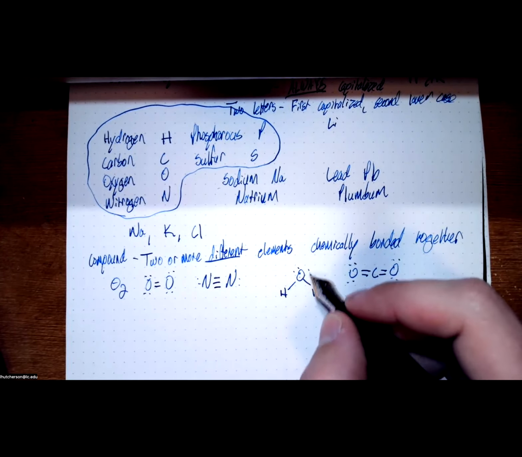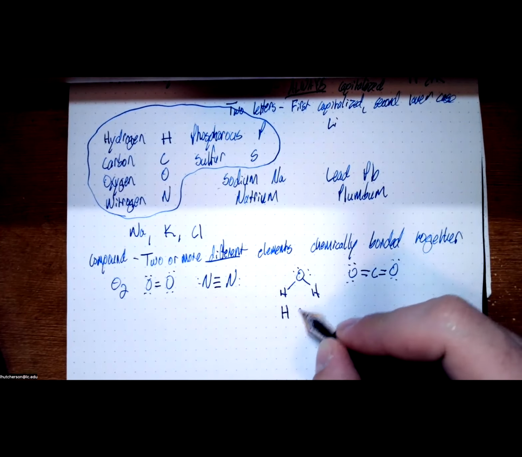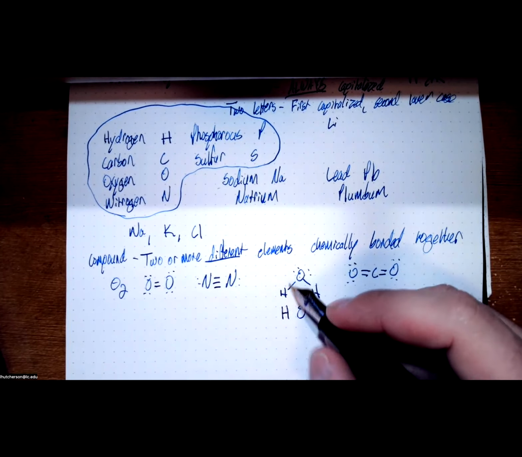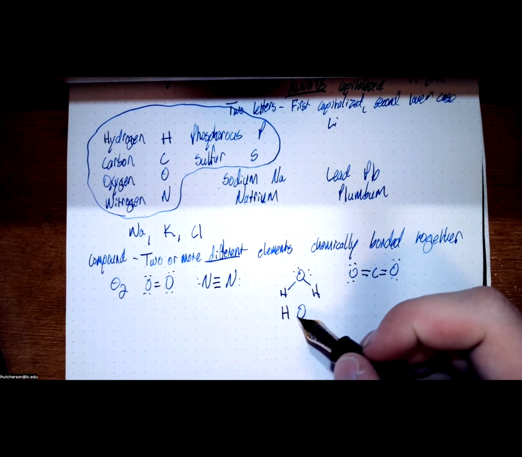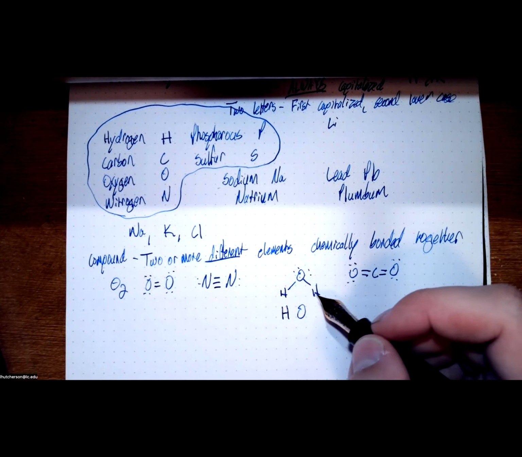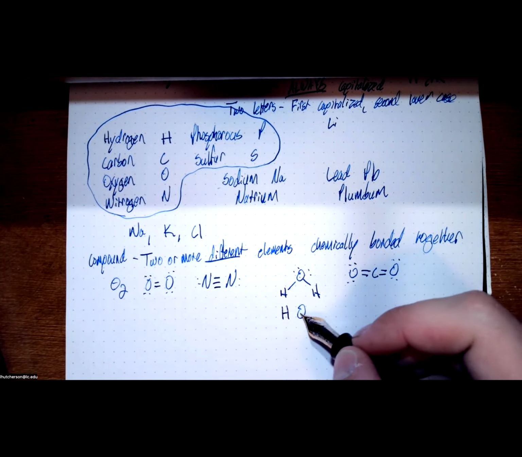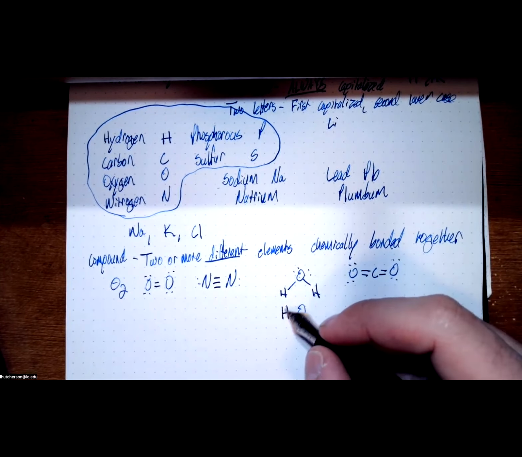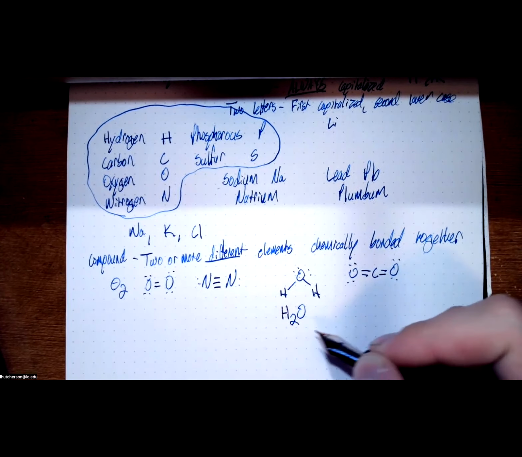So just for example, water is made up of hydrogen and oxygen. Each water molecule contains 2 hydrogens and 1 oxygen. If it does not contain 2 hydrogens and 1 oxygen, it is not a water molecule. So we write H, we write O. Now, to indicate that we have 2 H's here, we put the subscript 2 here.